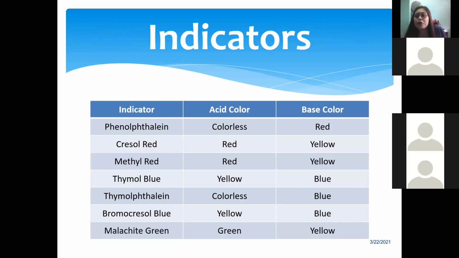So let me give you a list of the indicators we have in the laboratory that we can use for the colorimetric method.